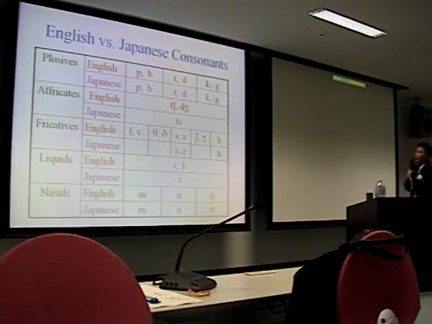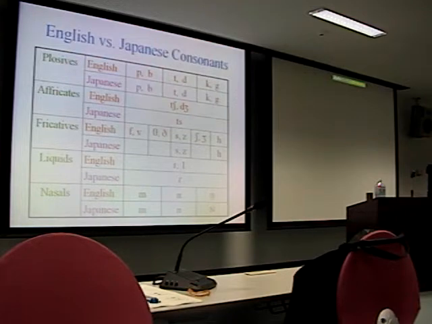So as for plosives, both English and Japanese have the same inventory of plosives, but the Japanese PTK are more weakly aspirated, which I'm going to talk about later.